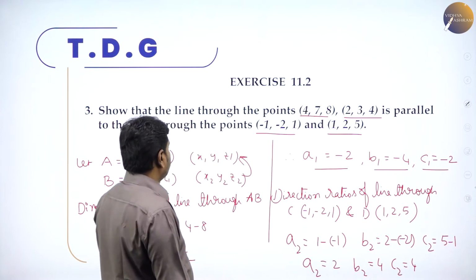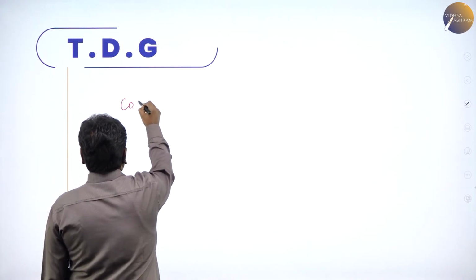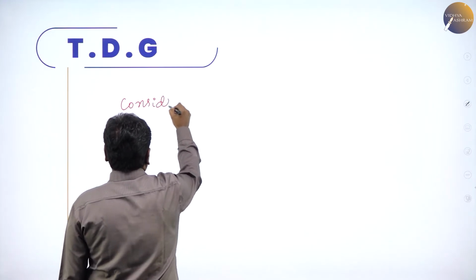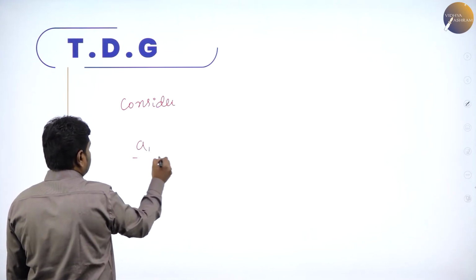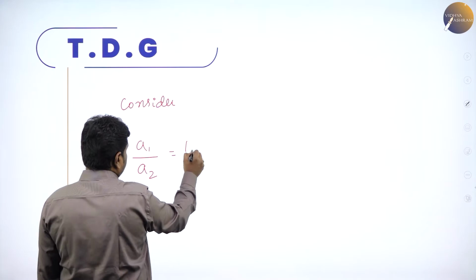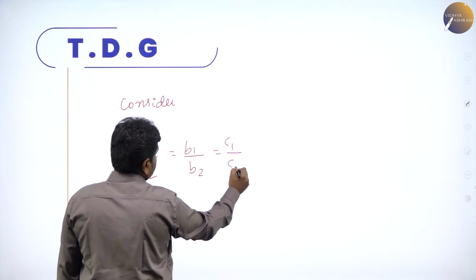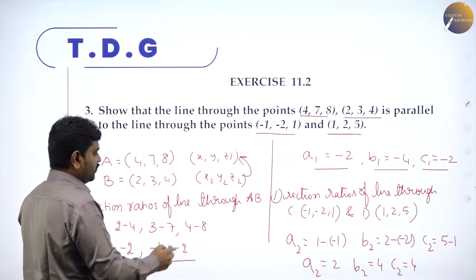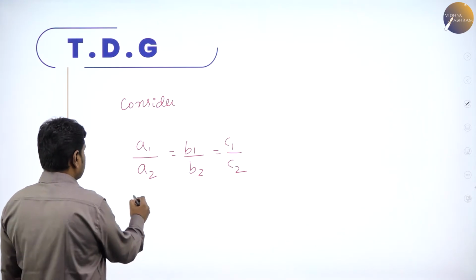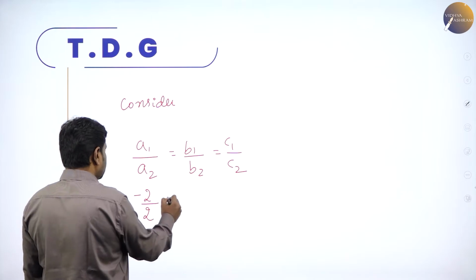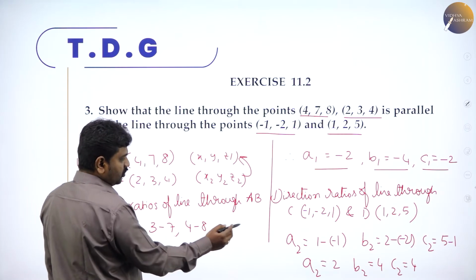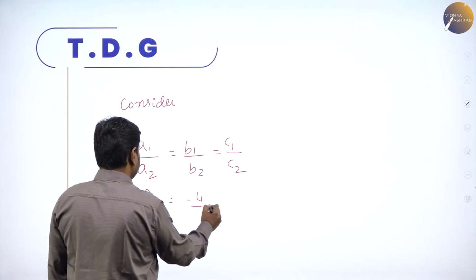So now what we need to prove? Parallel. So we'll consider A1 by A2, B1 by B2, C1 by C2, and we'll check whether they are equal. A1 is minus 2, A2 is 2, so minus 2 by 2. B1 is minus 4 and B2 is 4.